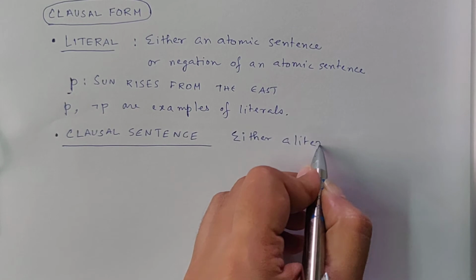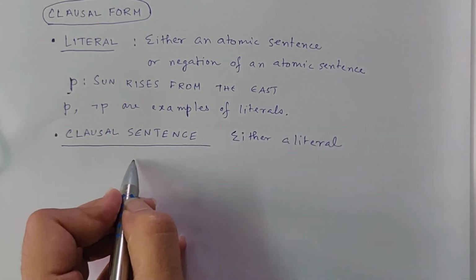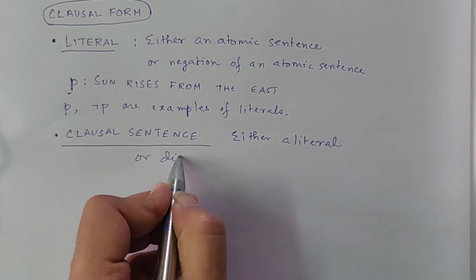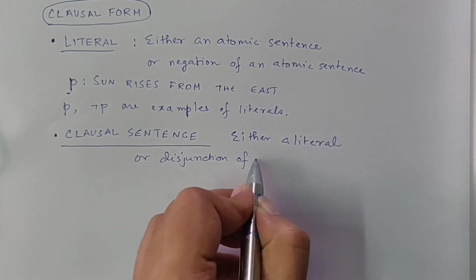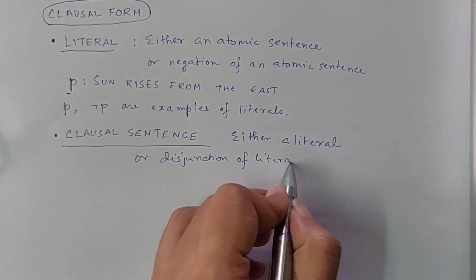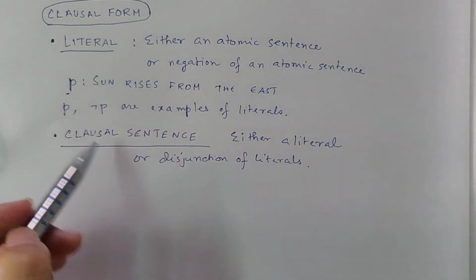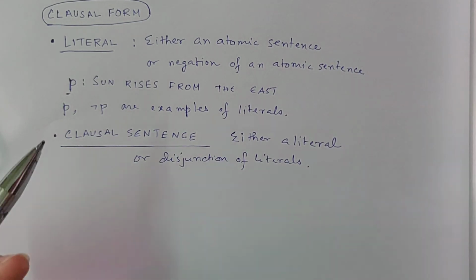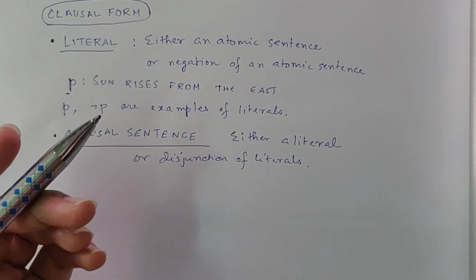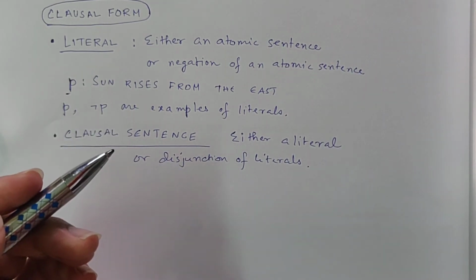Either a literal or a disjunction of literals. So we know what is a literal. Now we define a clausal sentence as either a literal or a disjunction of literals.